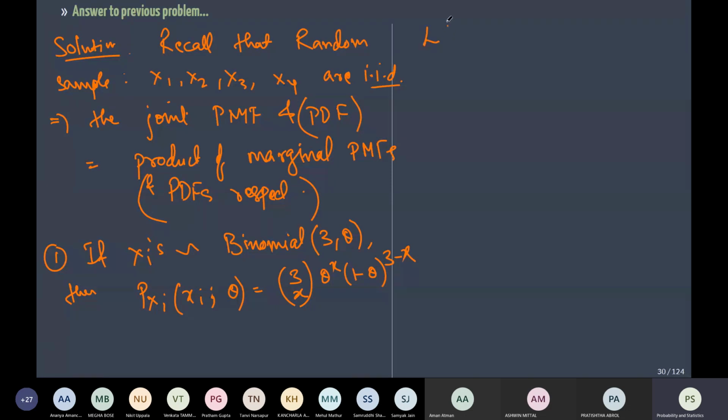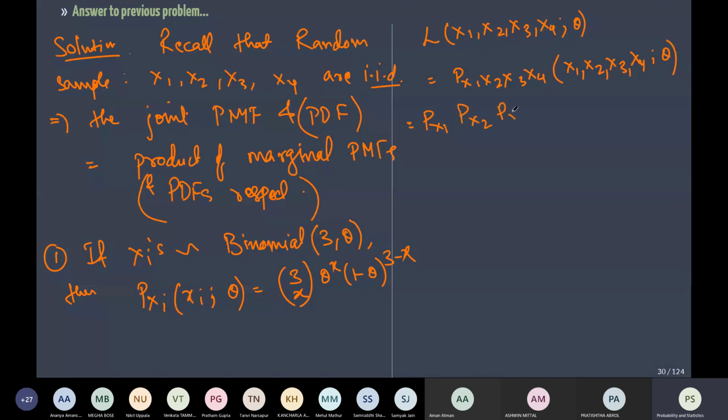And hence I can write the likelihood here. The likelihood of theta given x1, x2, x3, x4 is the joint of x1, x2, x3, x4 and theta, and this is just the product of the marginals. I will just write it without showing the arguments.